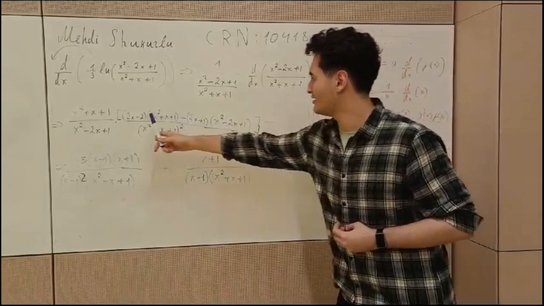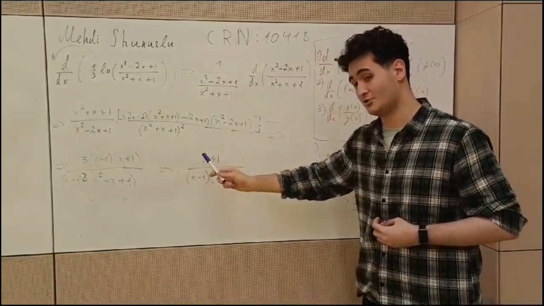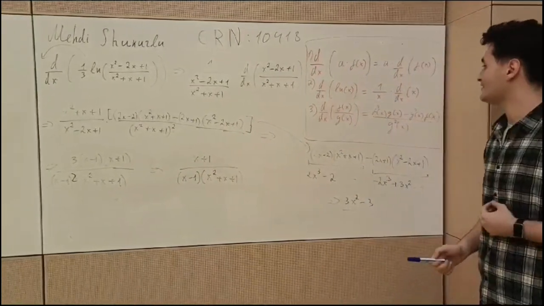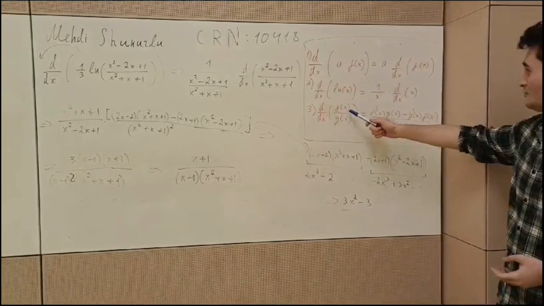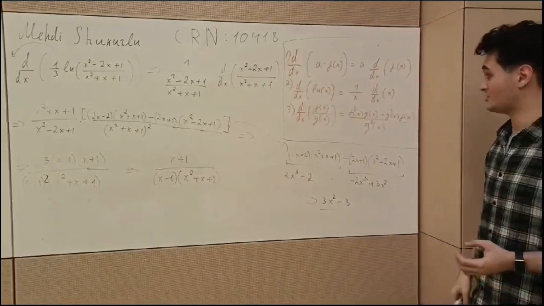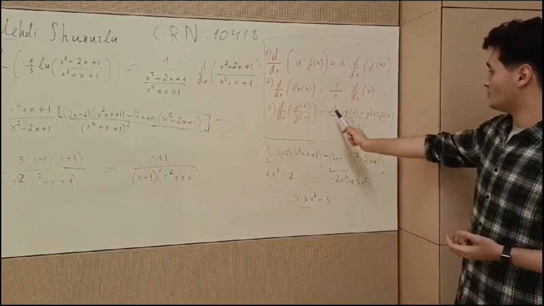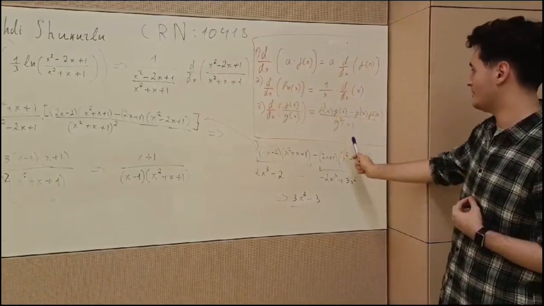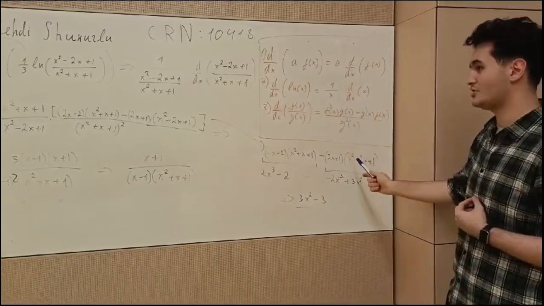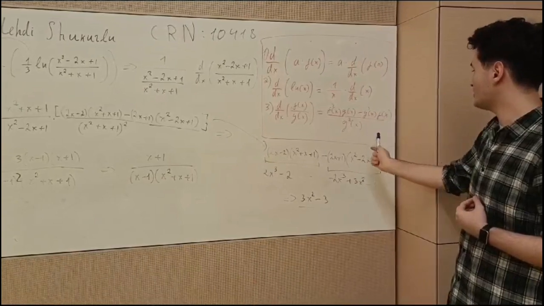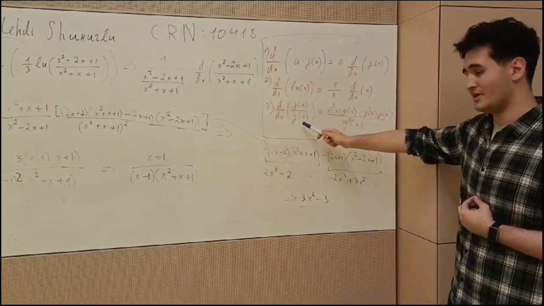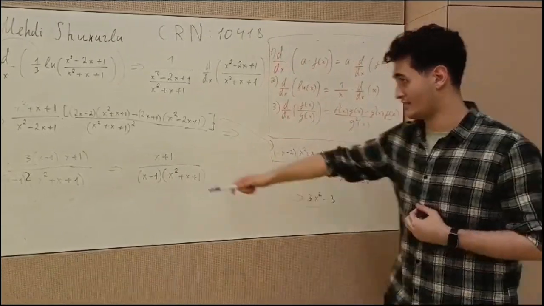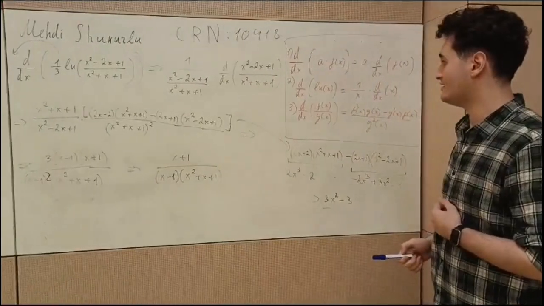It's a bit too long, as you can see, and there's also a special formula for this, the quotient rule, which states that in order to find the derivative of two functions dividing each other, we use this formula: the derivative of the first function times the second function, minus the derivative of the second function times the first function, all divided by the denominator squared.